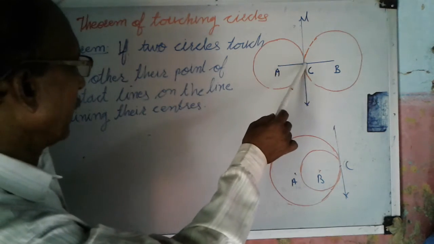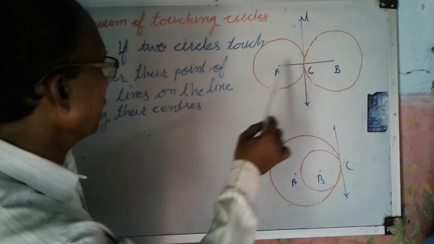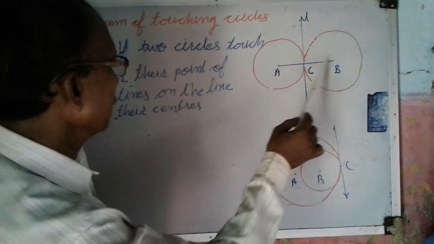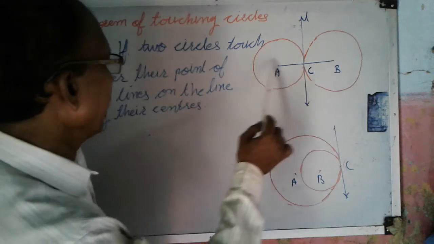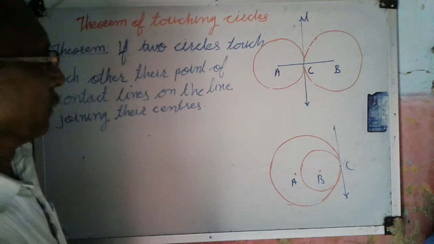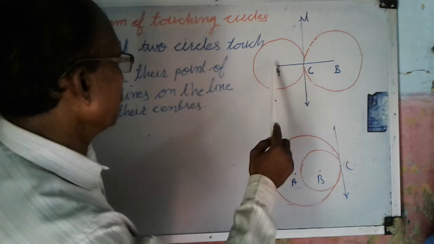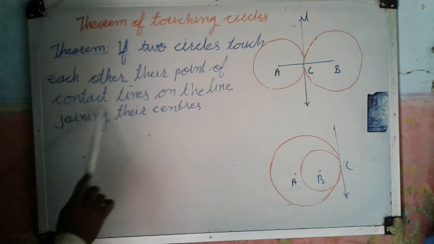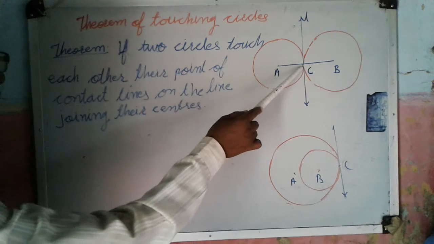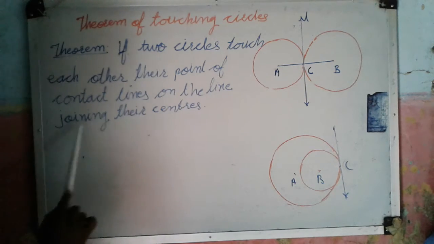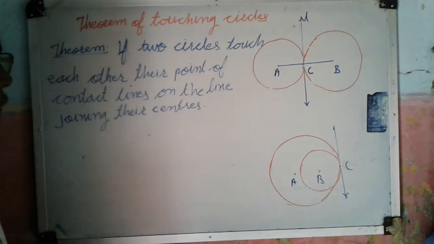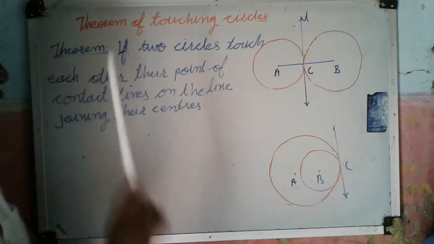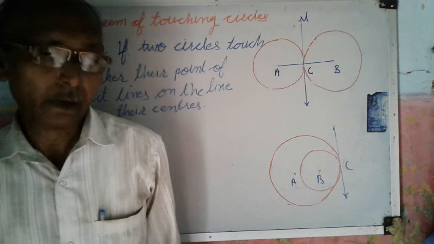Line AB is the line joining the centers. So these two circles touch each other and the point of contact C lies on the line joining their centers. Okay, this is a theorem.